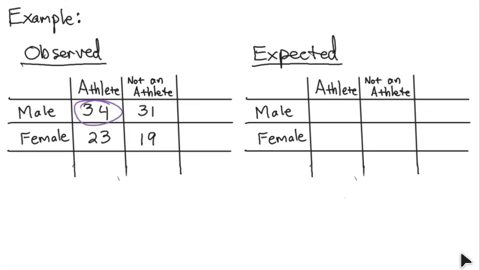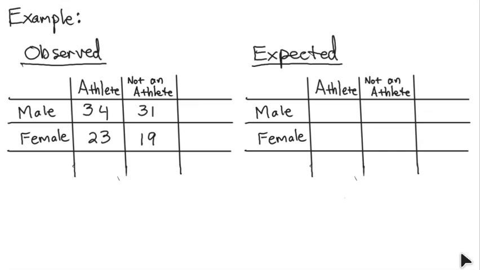This box is all the people who answered that they are male and that they are an athlete. These are all the people who answered that they are female and that they are an athlete. And then these are the people who answered that they are male but not an athlete. And then these are the people who answered that they are female and not an athlete.